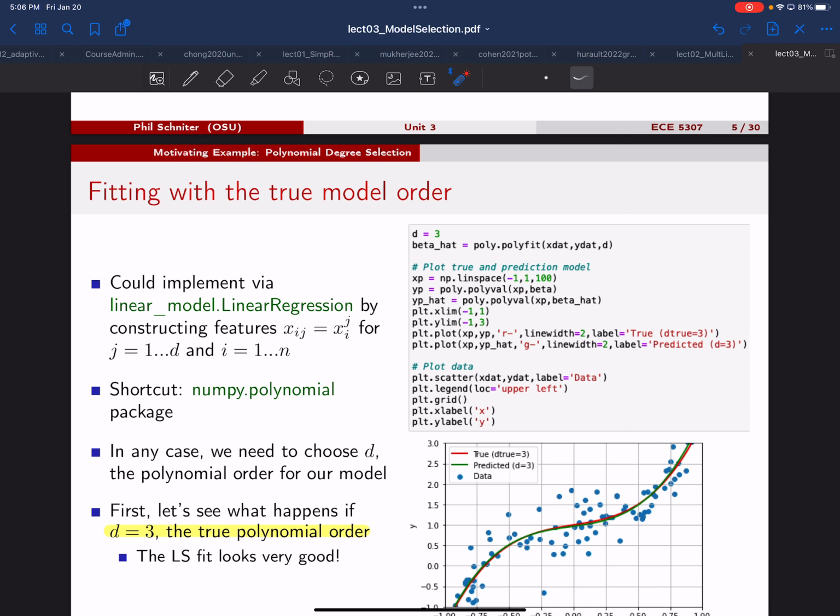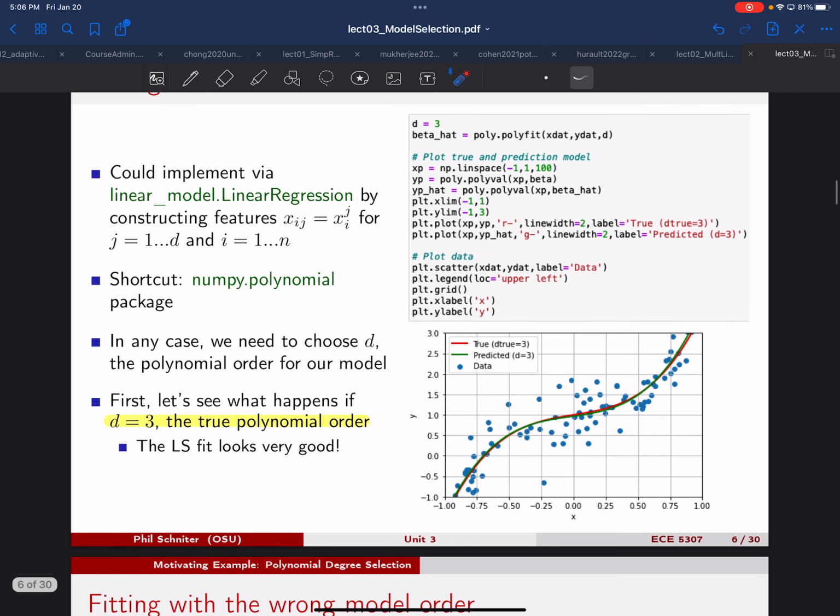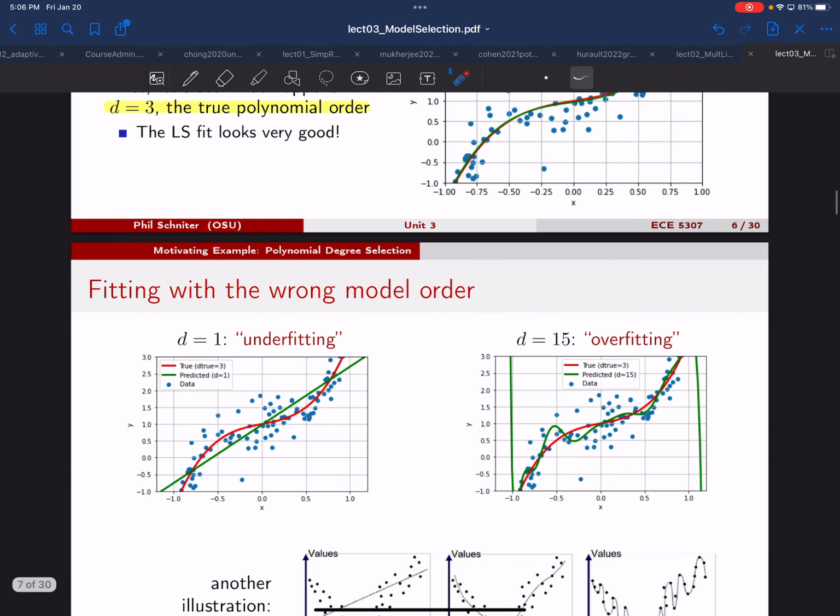That's basically how we drew this curve. xp is just a grid of 100 samples between 1 and -1, and we applied polyval to those samples. That gave us a bunch of samples, and we just connected the dots with the plot command. As you can see, everything looks really good.